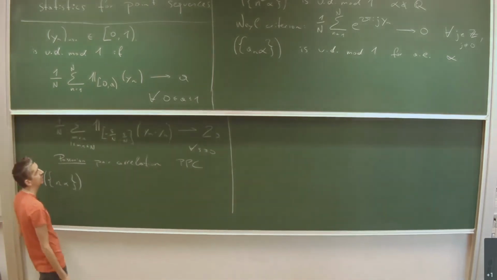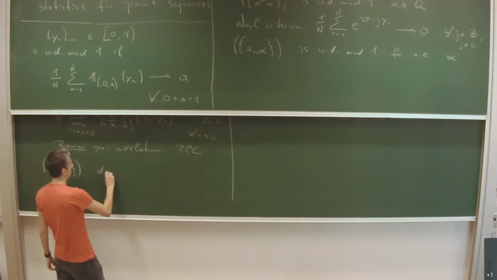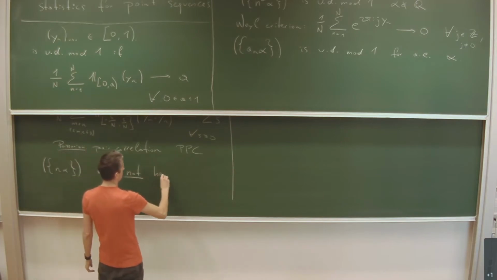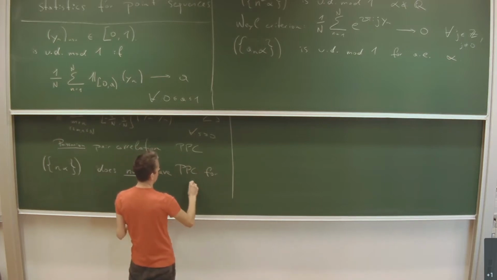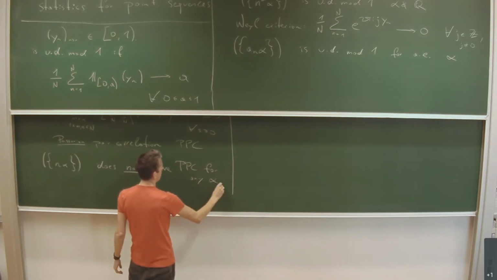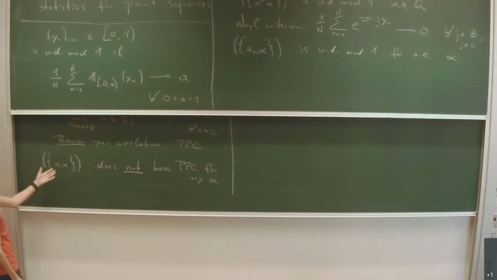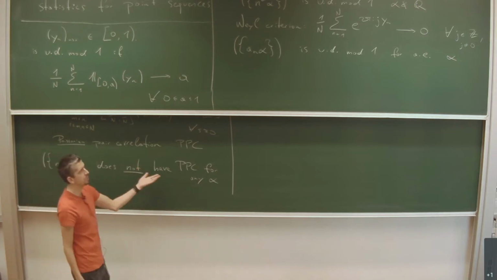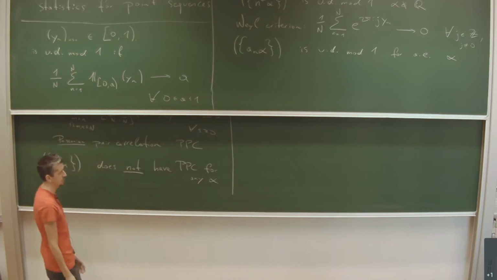So N alpha mod 1, it turns out that this does not have Poissonian pair correlation for any alpha. Whatever alpha is, never ever do you see Poissonian pair correlation. So it's possible that the sequence has uniform distribution, but does not have Poissonian pair correlation. This could happen.